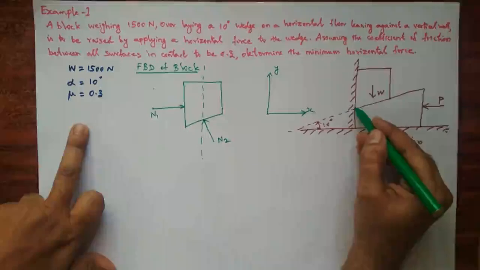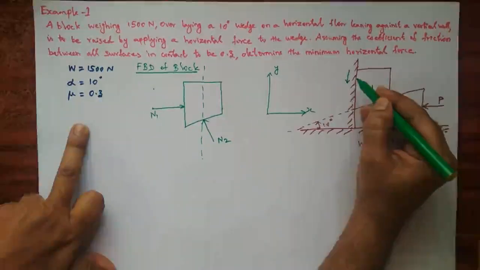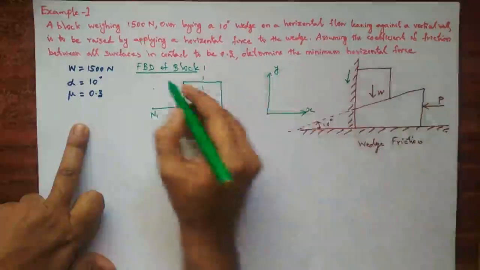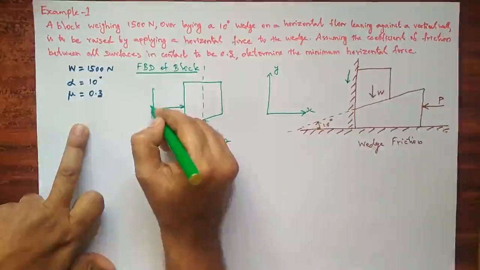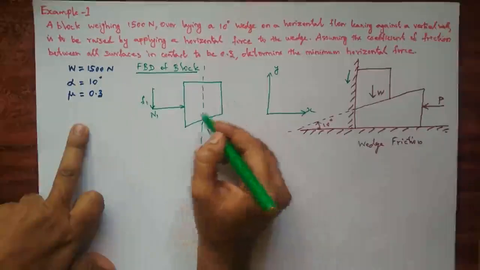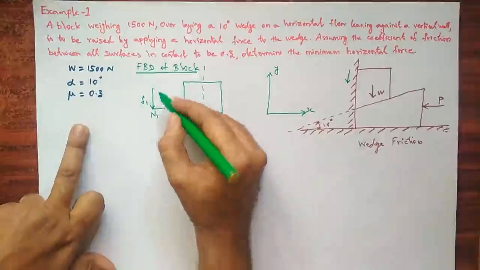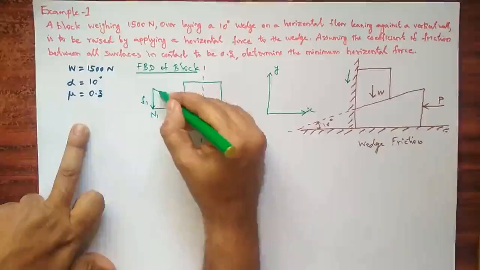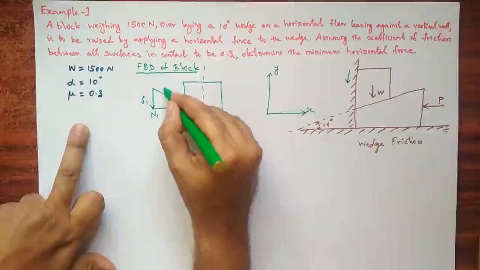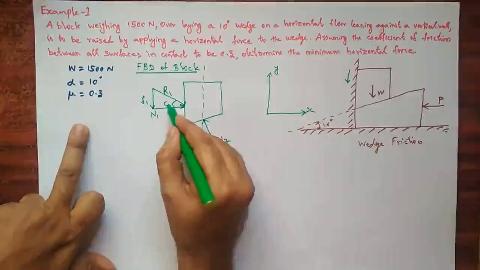This block is moving in the upward direction, so there is always an opposite frictional resistance in the downward direction. That is F1. I am replacing these two forces with a common resultant force, that is R1. It makes an angle of phi.